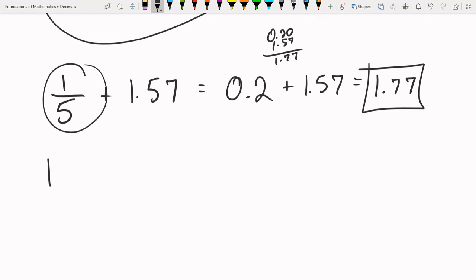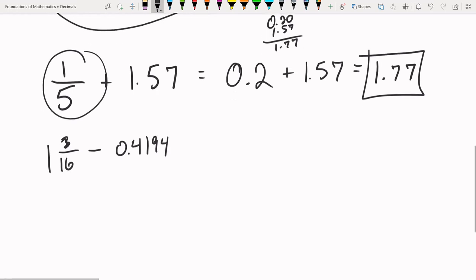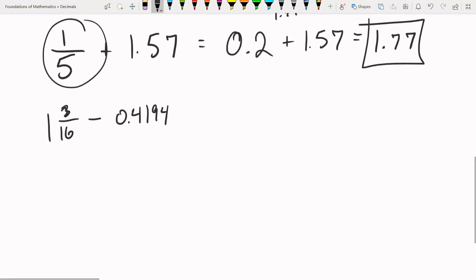Okay, next one. Let's do 1 and 3/16 minus 0.4194. This one's even more important to change to a decimal because when you have a mixed number, that's even worse to work with. That's fine. The 1 is just adding on to the, you can think of the 1 and 3/16 as 1 plus 3/16.